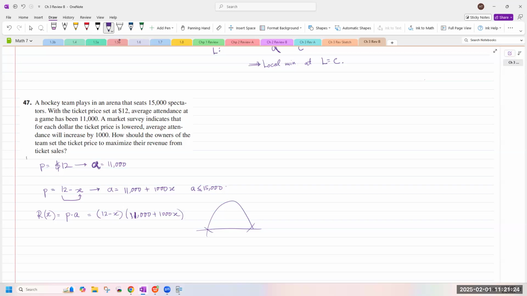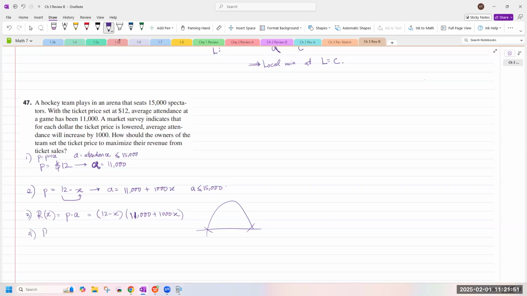So p is the price and a is the attendance. Okay, with the limitation that it is at most 15,000, and of course at least 0, right? The attendance has to be positive. Price also has to be positive. Okay, and then from here we get the function relating p and a, and this is the function we need to maximize, right?